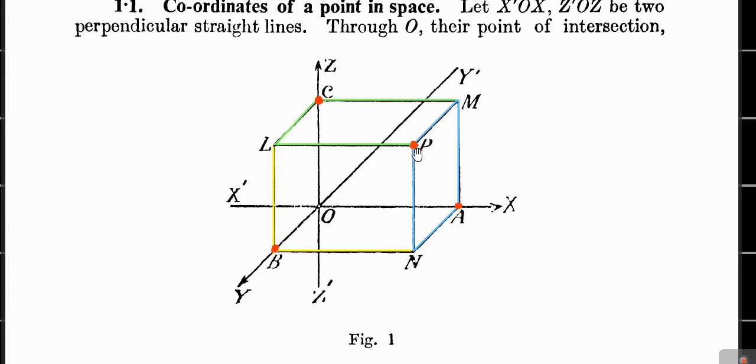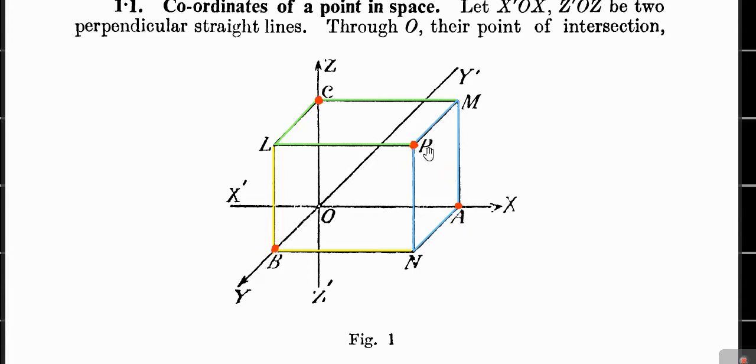If we have to find out the projection of point P on the x-axis, then through the point P we draw a plane which is perpendicular to the x-axis, and the point at which this plane intersects the x-axis is, suppose, point A. Then as per our definition, A is the orthogonal projection of point P on the x-axis, and this plane I have shown by the blue color.